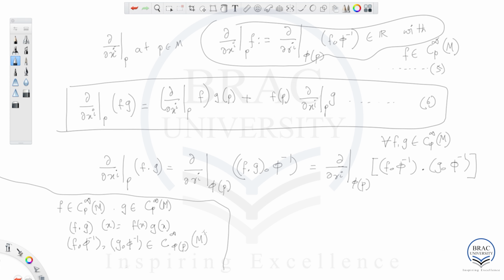Because they are going to be evaluated at the point φ(p). So there exists a neighborhood of φ(p) on which these functions are defined. Okay, so you take this function, and I take this function g composed with φ inverse.